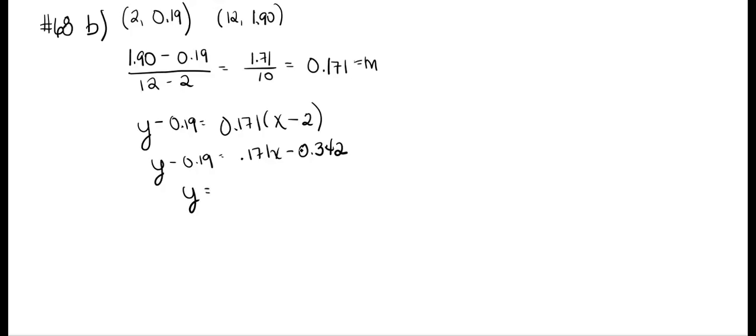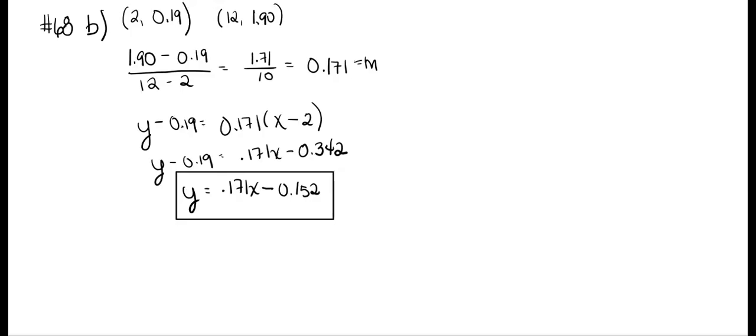So I get y equals 0.171x minus, because 0.342 is bigger than 0.19, so I'm actually going to subtract them. And I get negative 0.152. So that's the equation of the line that shows the growth in stock value between 1992 and 2002.